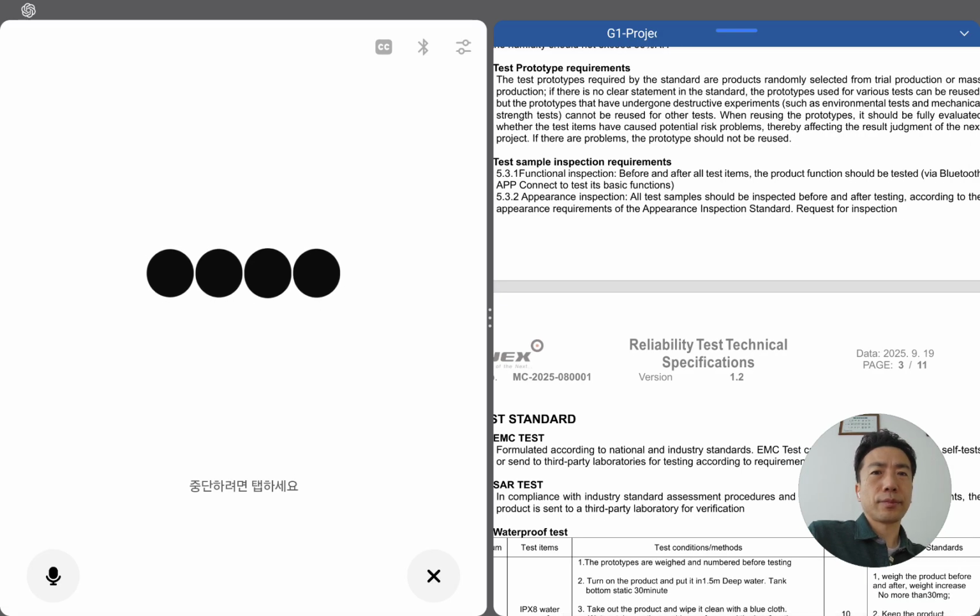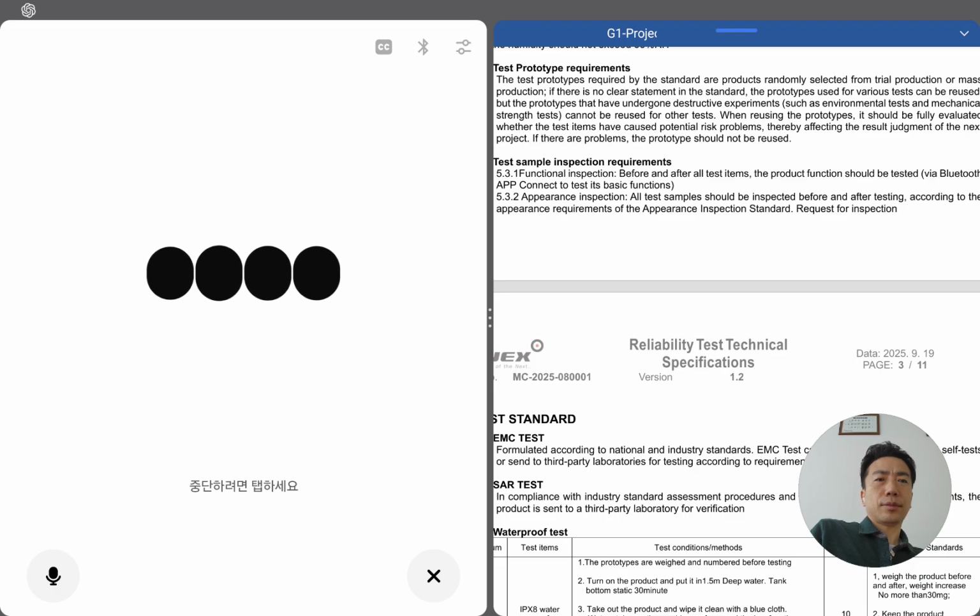The test prototypes required by the standard are products randomly selected from trial production or mass production. If there is no clear statement in the standard, the prototypes used for various tests can be reused, but the prototypes that have undergone destructive experiments, such as environmental tests or mechanical strength tests, cannot be reused for other tests.